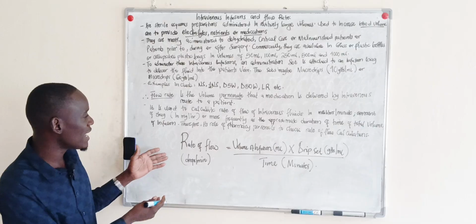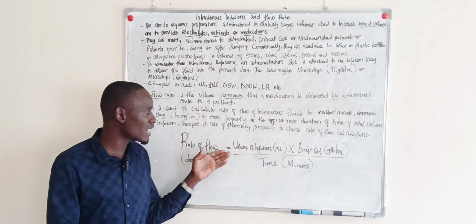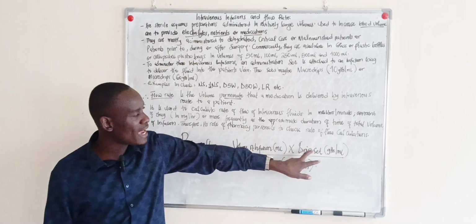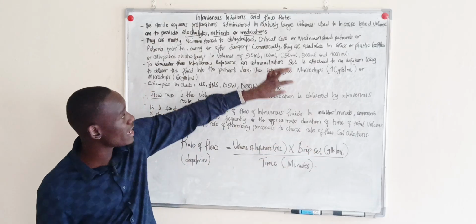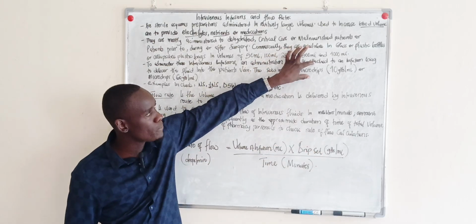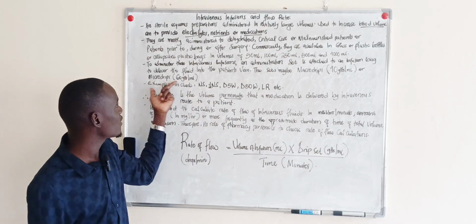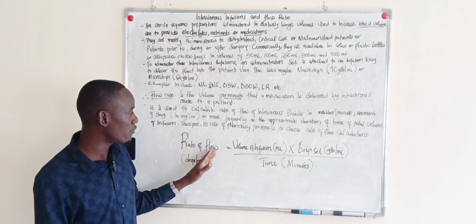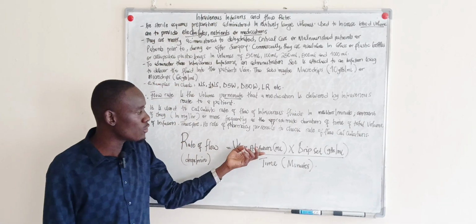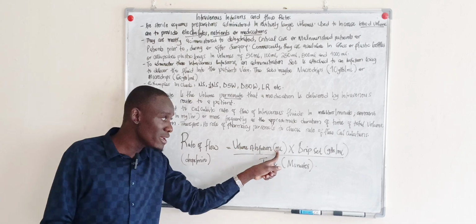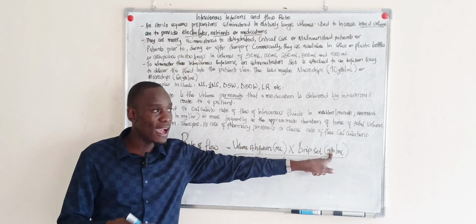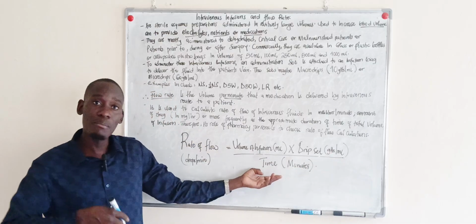And when you look here, you say flow rate is calculated by the volume of infusion being multiplied by the drip set, which we said we have macro drips and we also have micro drips. So flow rate, or rate of flow, is equal to the product of volume of infusion, which is in mLs, times drip set, which is in drops per mL, being divided by time.